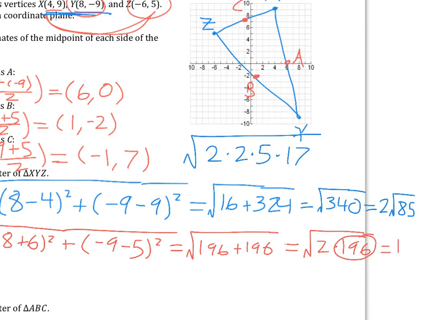So I know that 196 is 14 times 14. So I'm going to take out a 14, and this gives us 14 radical 2. So again, I'm changing 196 to 14 times 14. Then I could pull a 14 out front.